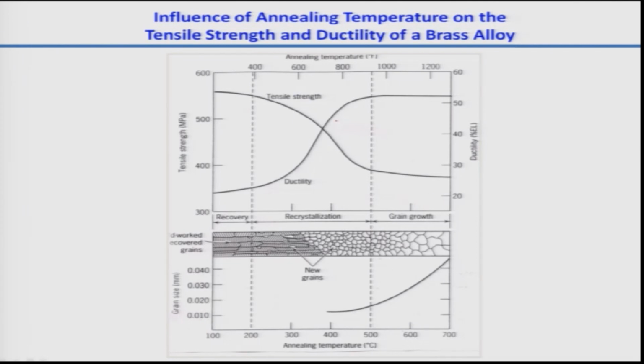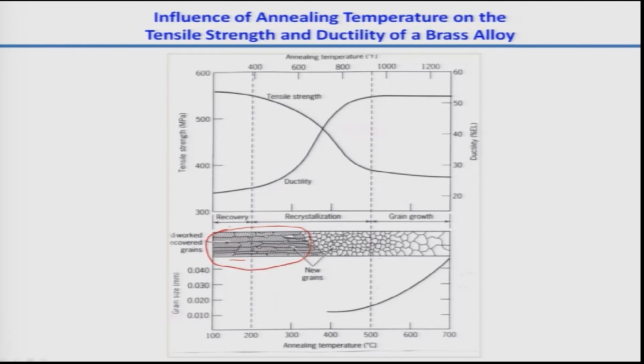What else I am showing in this view graph is the kind of grain structures and defect structures inside the material. As you see here during the recovery stage, there is some kind of defect reorganization.